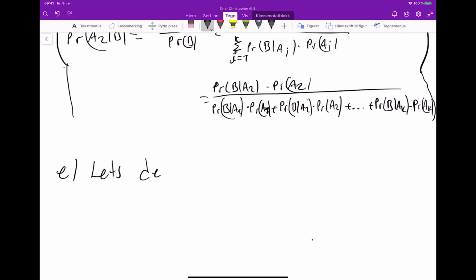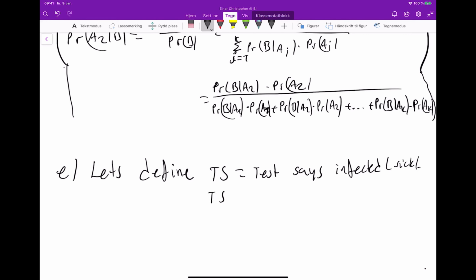So let's define S. We can call it sick, but we don't. Define TS, which says test says infected or sick. And we can say that TS with a bar over is that the test says not infected or sick.